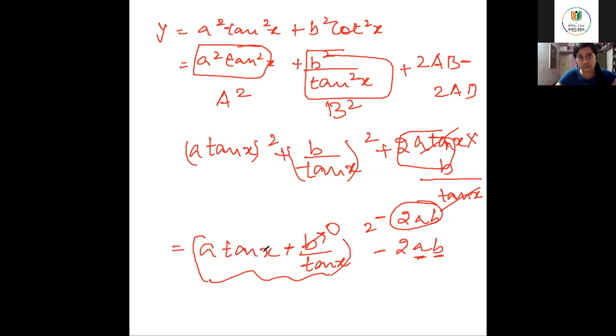And here, if you take A is equal to 0, then this function is 0, giving you B by tan x. Right? So for the maximum value, it will totally depend on the tan x value here.